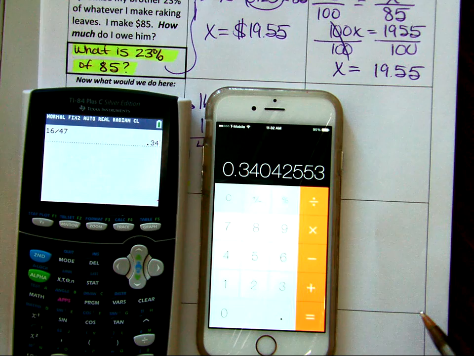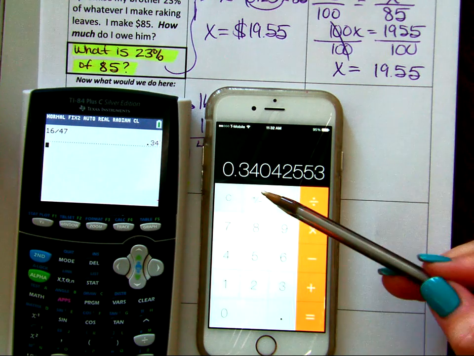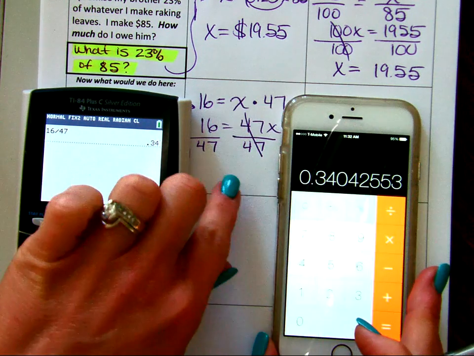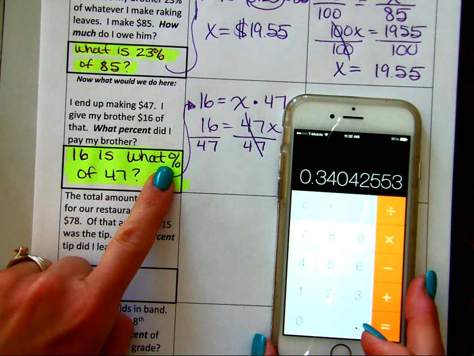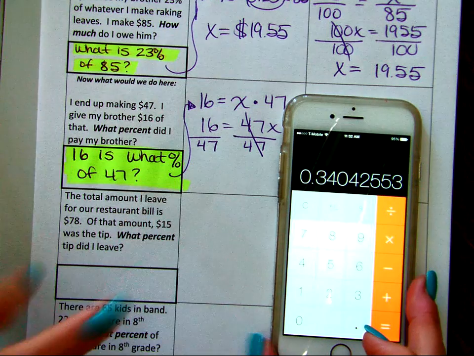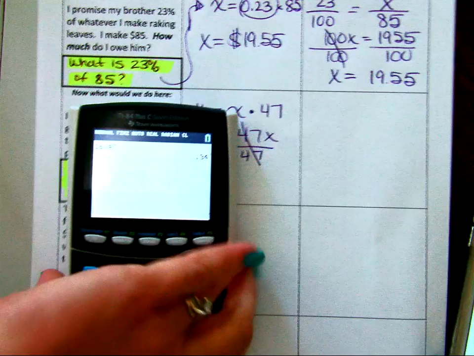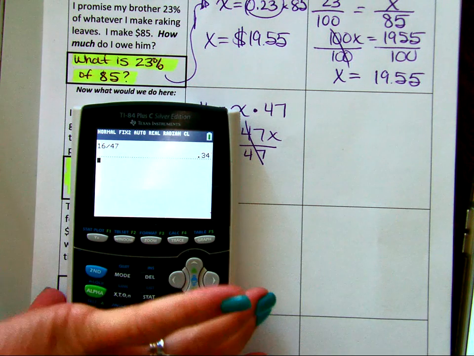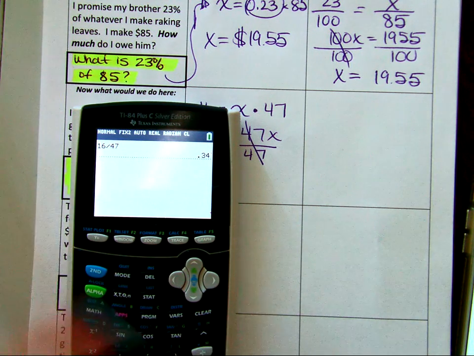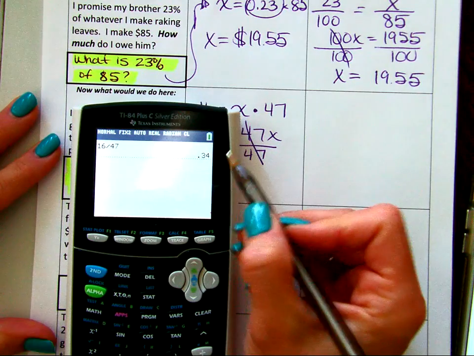So you kind of have to look at this and say, should I put 0.34 as my answer? What question is it asking me? What percent? And if 0.34 is the decimal, then what percent is it? Yeah, it's 34. You just move it back over, don't you?